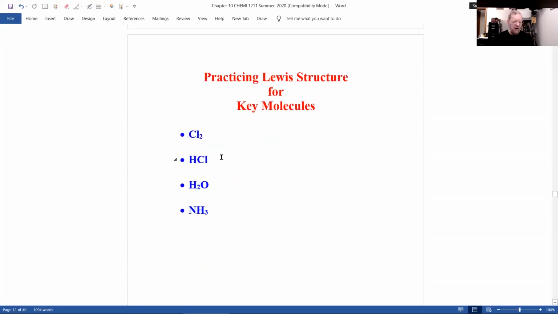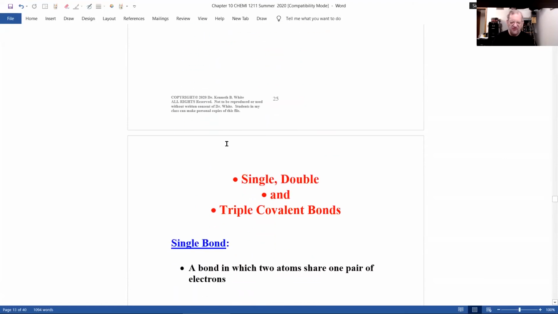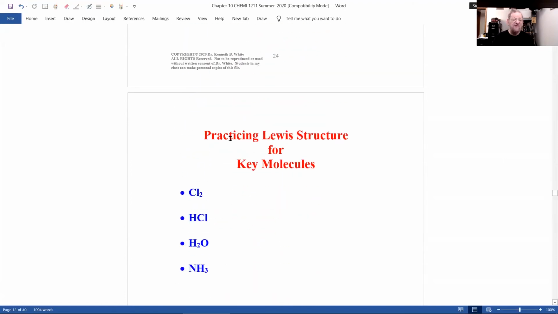Now, one of the things that, I don't have a slide, what's the driving force? And that is the octet rule.